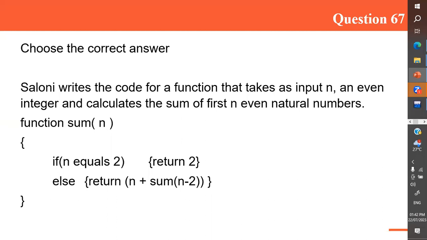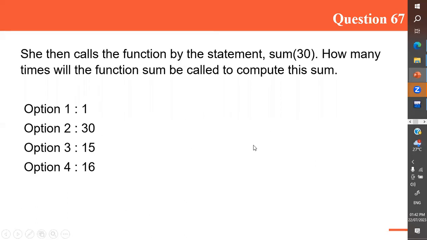Okay, I hope everyone got the answer. The number of additions are 14 or 15. Number of function calls: how many times will the function sum be called to compute sum? First, we are calling sum of 30. That also we have to count.